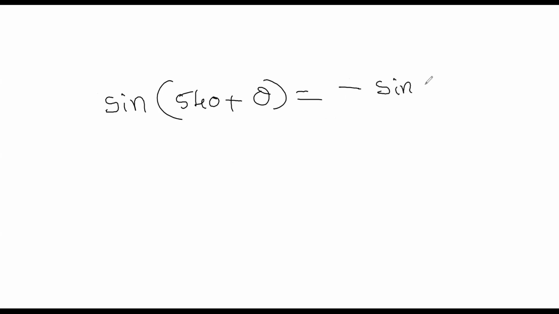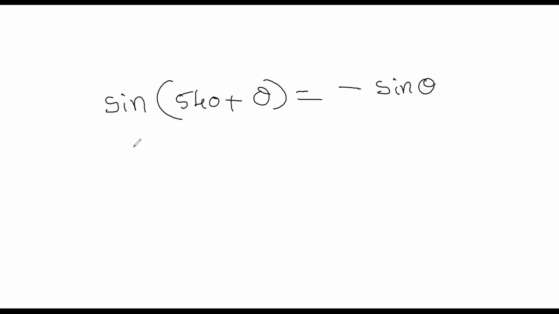From this, I think you can do any questions. Just be cautious about where you will get plus or minus. What is this value? It'll be plus or minus sine theta, so minus sine theta. Why is it minus sine theta?